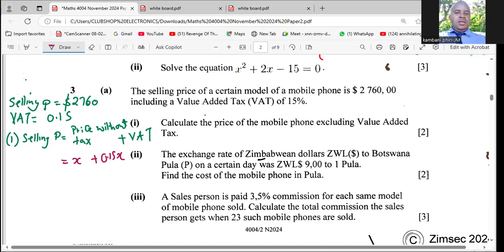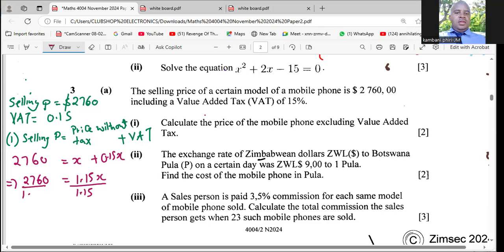Then our selling price here is 2,760. So we have 2,760 equals x plus 0.15x. You add the coefficients, so you have 1.15x. You divide through by 1.15.